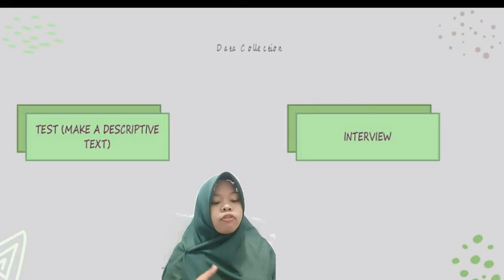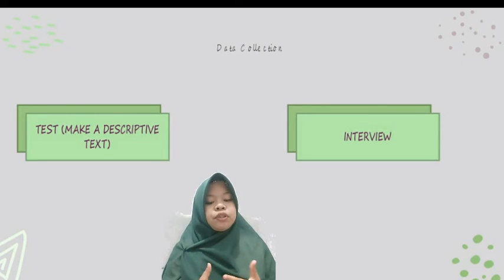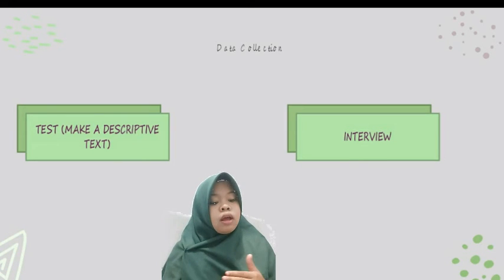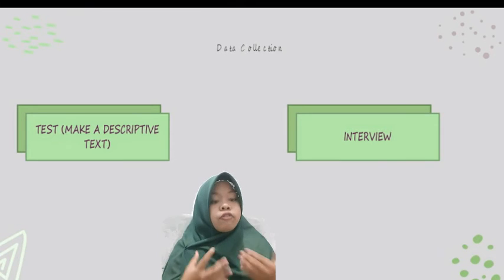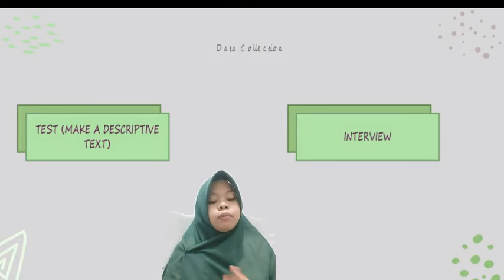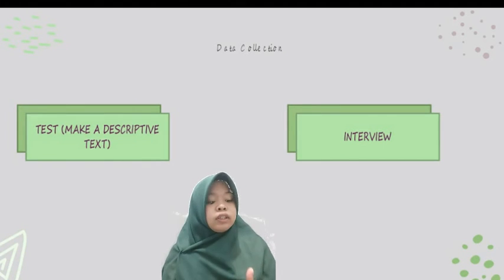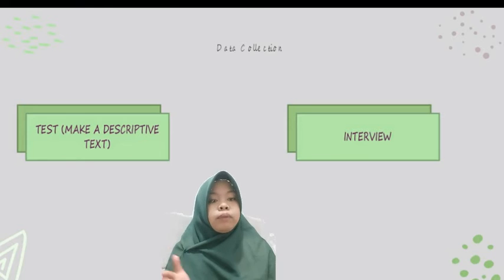And the type of interview to be conducted is a semi-structured interview. The selection of this type of interview aims to create a comfortable and flexible atmosphere so that there is no tension between the researcher and the students who will be the interviewees.